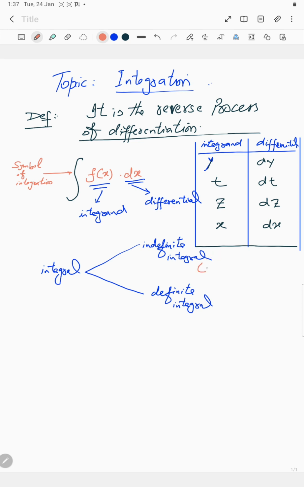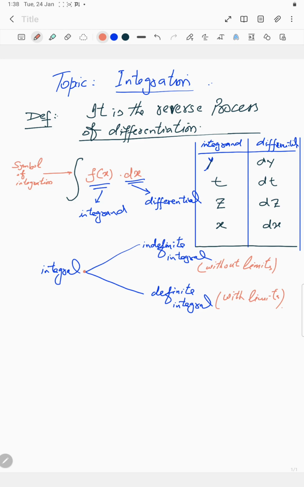Indefinite integral is the one without limits of the function, and definite is solved by using limits. Later, when we are on definite integral, we will explain what kind of limits and how to apply them in the question.